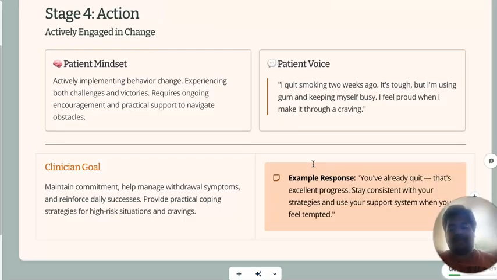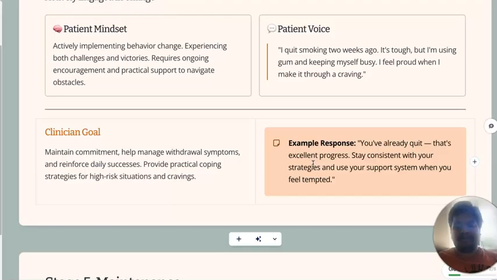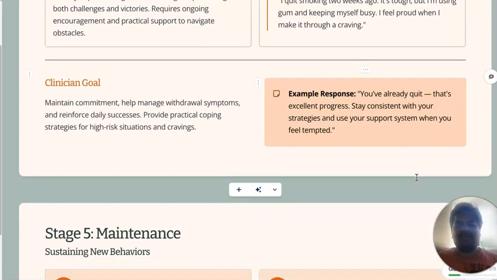And if he has any withdrawal symptoms, you try to navigate through them and help him too. Again, you can tell him that he has already quit, that's excellent progress, just stay consistent with the strategies and use a support system when you feel tempted.